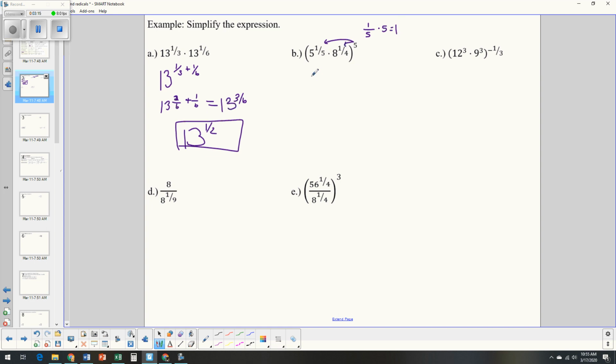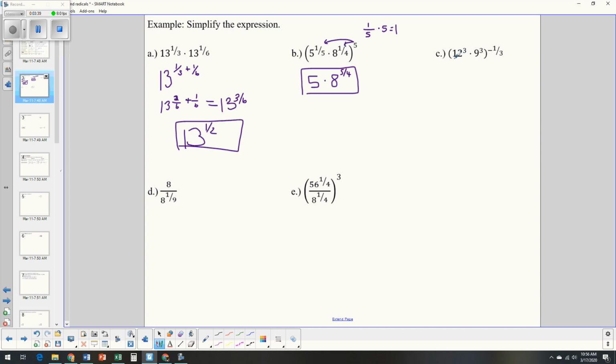So this becomes 5 to the first power, or just 5. And we're going to multiply that by 8 to the, and when I raise 1/4 to the 5th power, that's just going to become 5/4. And that's it. There's nothing else I could do there. That's my answer.